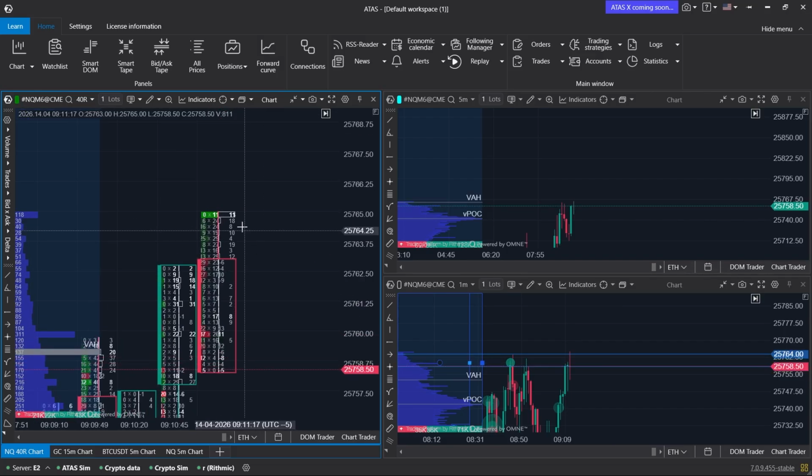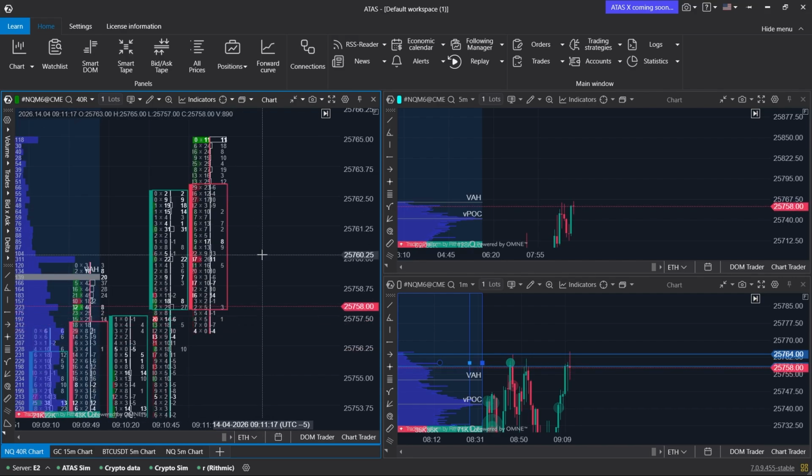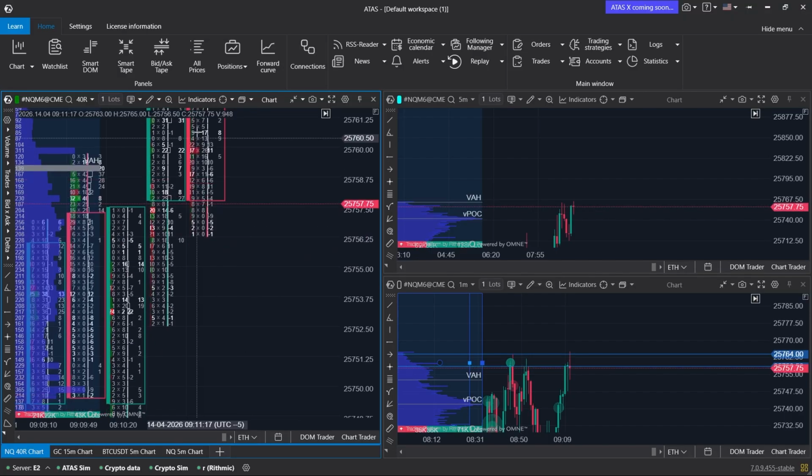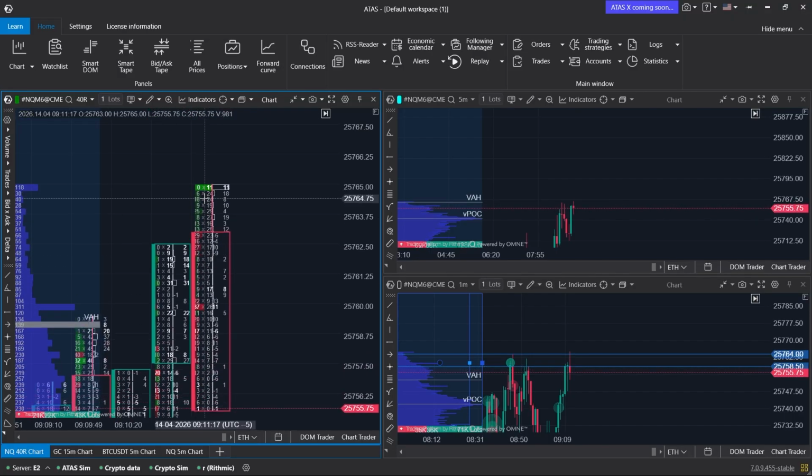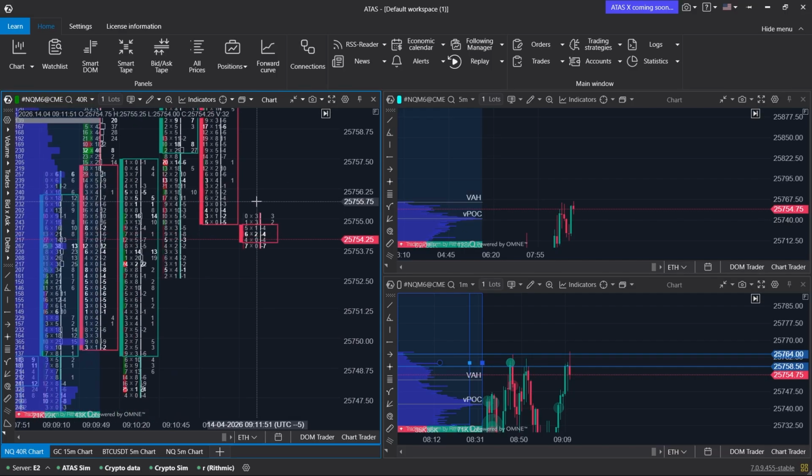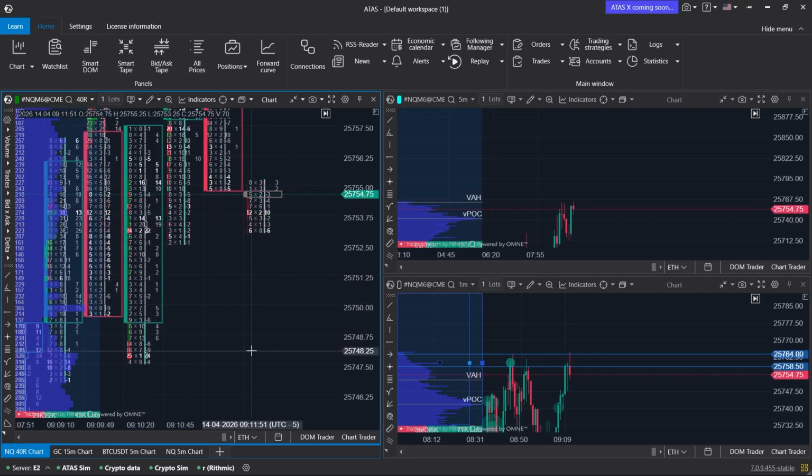Not a good sign. Not a good sign. If this same structure of order flow had formed over here, I would be very happy.